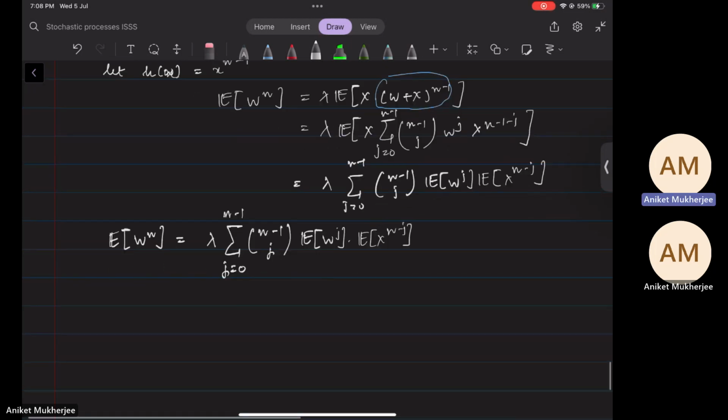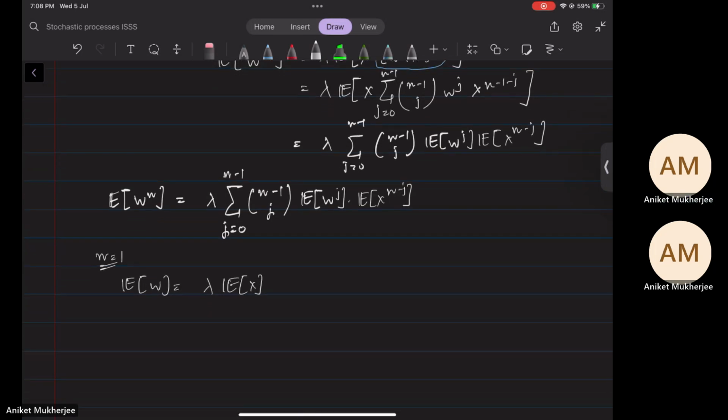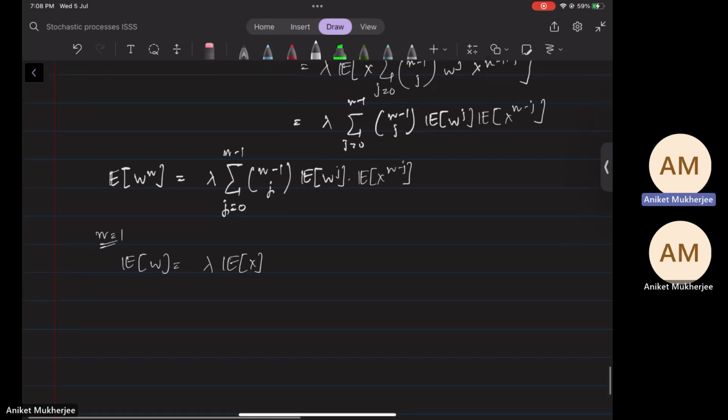Now first for n equal to 1, we have expectation of w equals lambda, and for n equal to 1 there are no summation terms. So j equal to 0, and n choose j is 1. Lambda expectation of x, with j equal to 0 the w term is 1, and x power n minus j is just x power n, but n is 1.